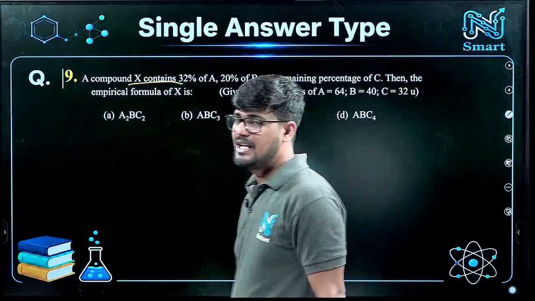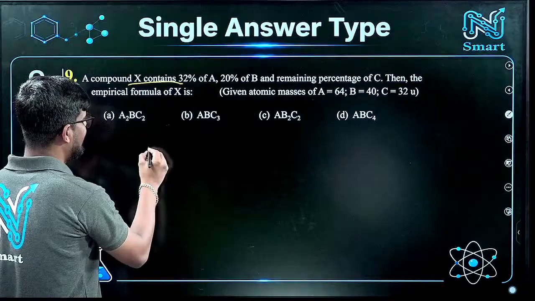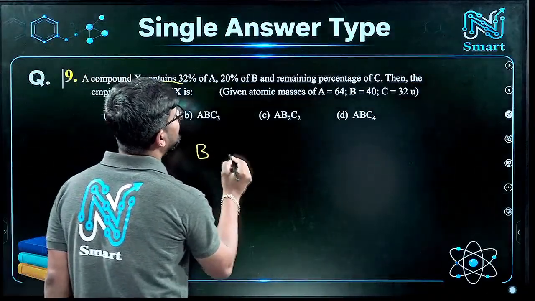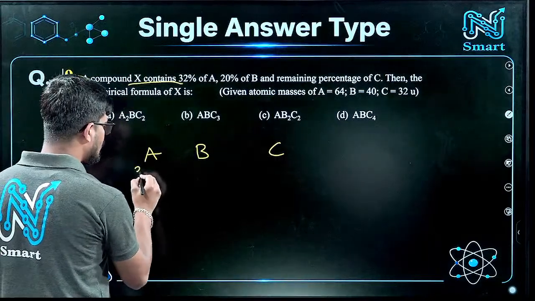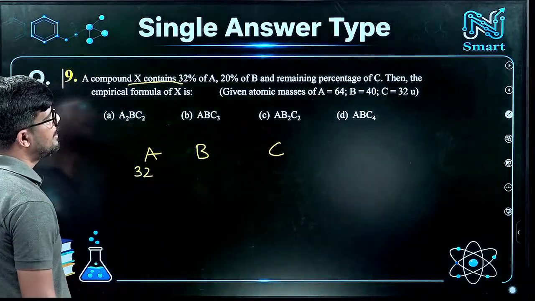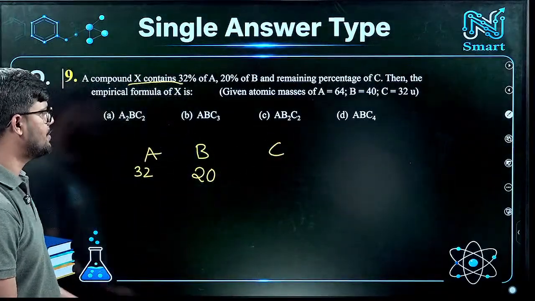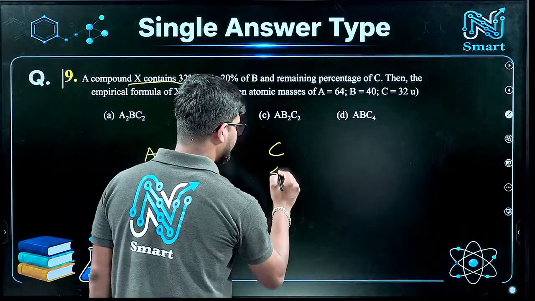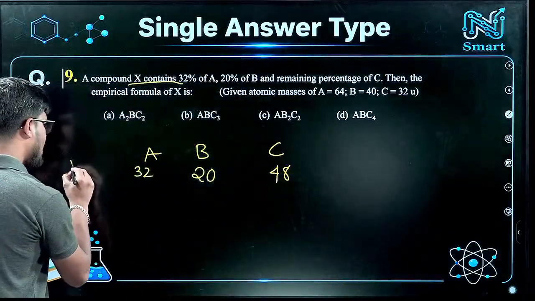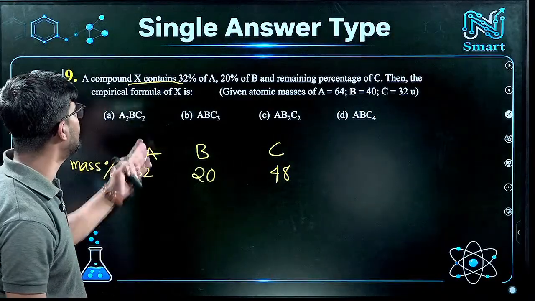This is also a very, very standard question. A quantity is 32%. Next B is 20%. Then what will be the percentage of C? 32 plus 20, 52, so C is 48. This is mass percentage, okay?